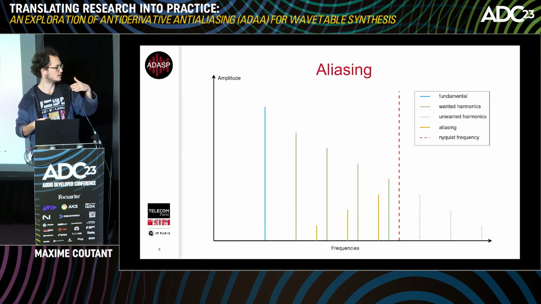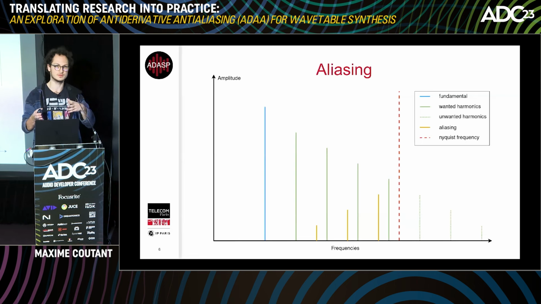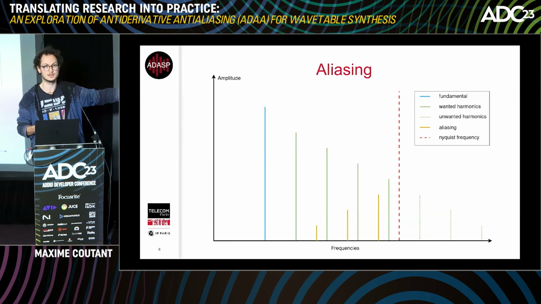But since they're above the Nyquist frequency, if you still try to represent them using your sample rate without trying to get rid of them, then you'll have the orange spikes that you can see here, which is what we call aliasing. These are unwanted harmonics that fall back into your audible spectrum. Also, if you want to know more about anti-aliasing, Sam Fisherman made a really nice talk earlier.